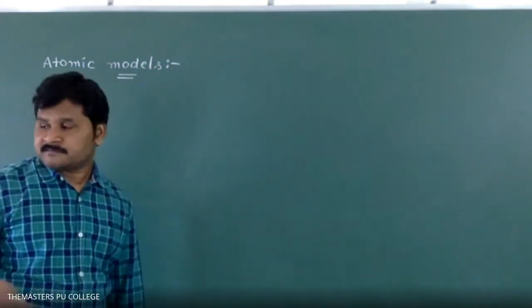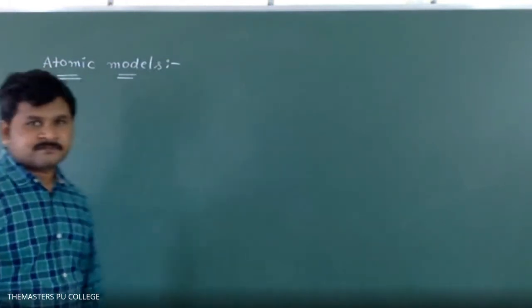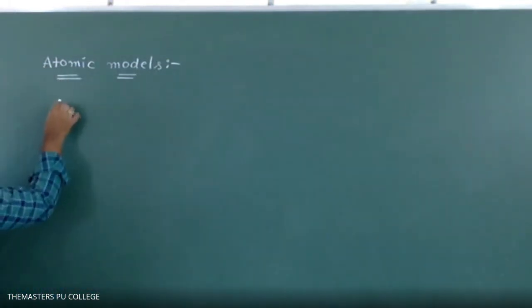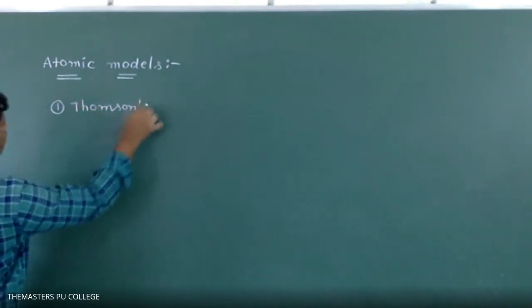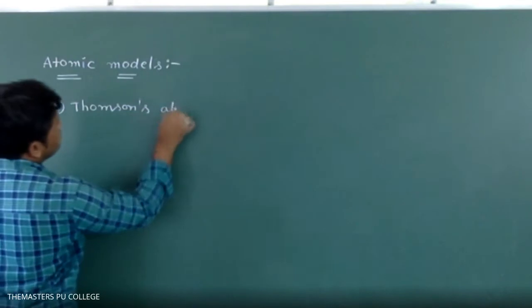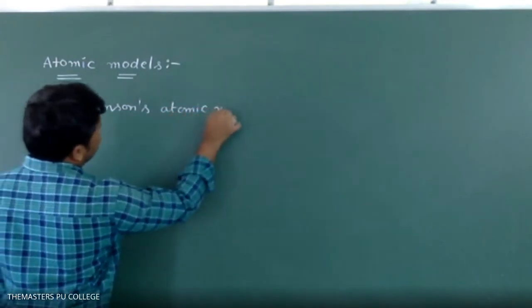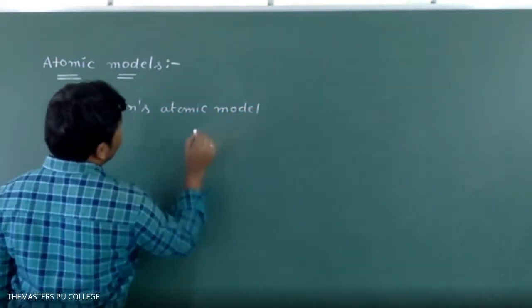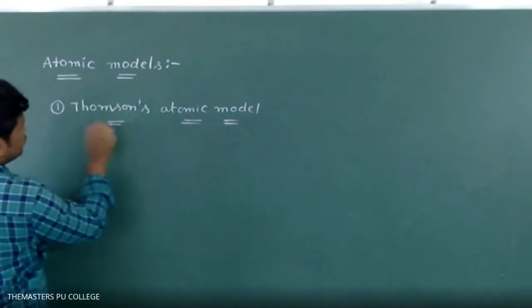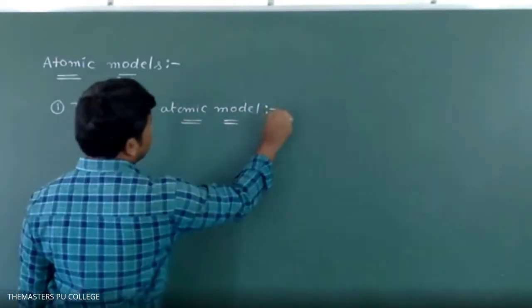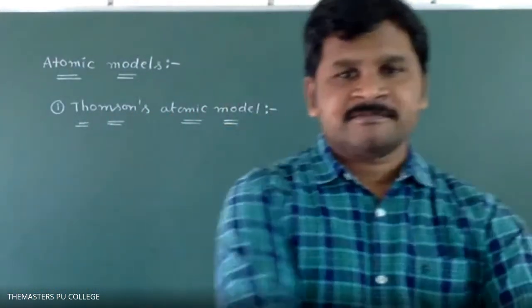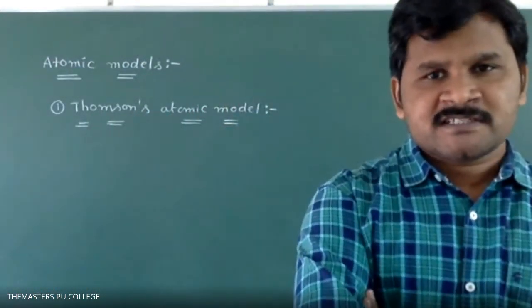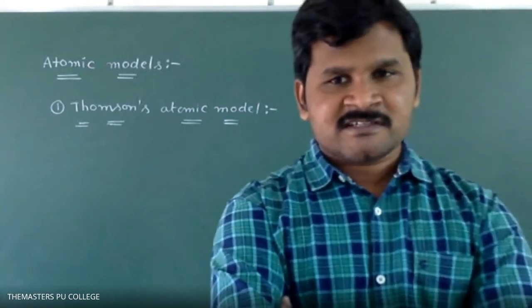Atomic models. The first atomic model in our syllabus is Thomson's atomic model. What is Thomson's atomic model? Students, in your lower classes, I think you discussed it. It is the plum pudding model.